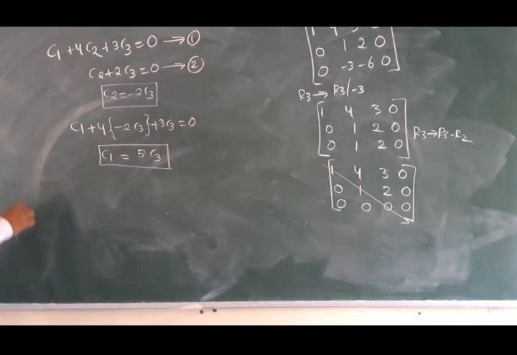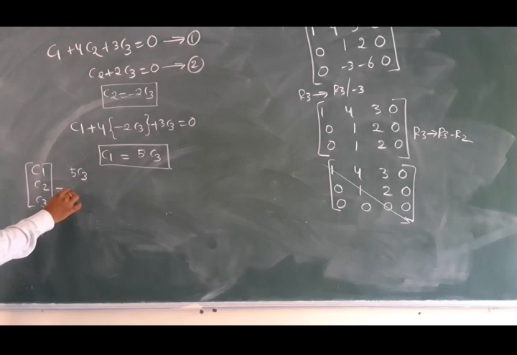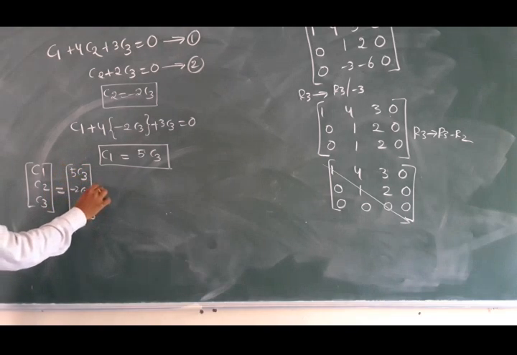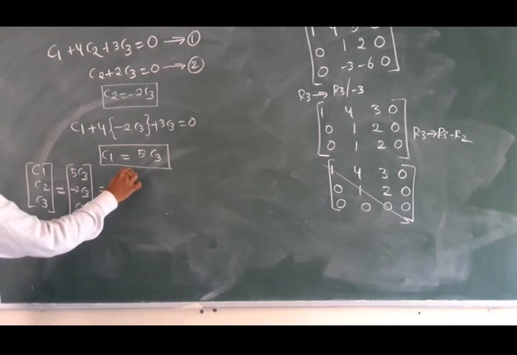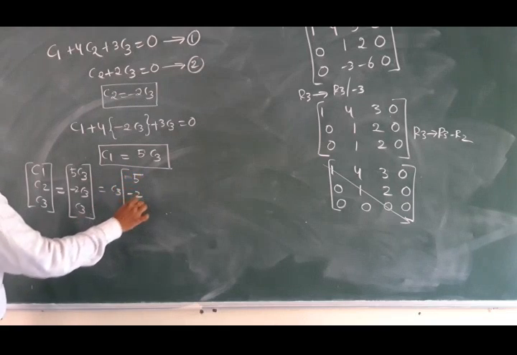Now write the vector C1, C2, C3: 5 C3, minus 2 C3, and C3. If you take C3 common, we get 5, minus 2, 1.